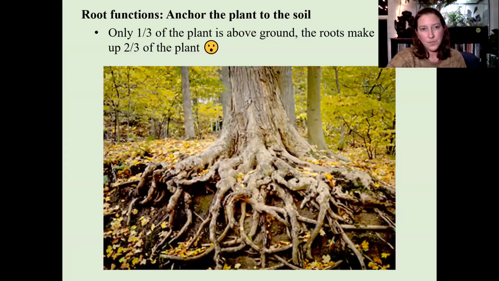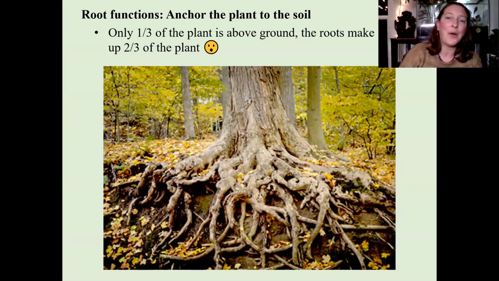And you should know, especially for things like trees, usually only about 1/3 of the plant is above ground. And the roots usually make up about 2/3 of the plant. Obviously, if you have a plant at your house that's in a pot this big and the plant's like this big, the majority of the plant in that case is above ground.